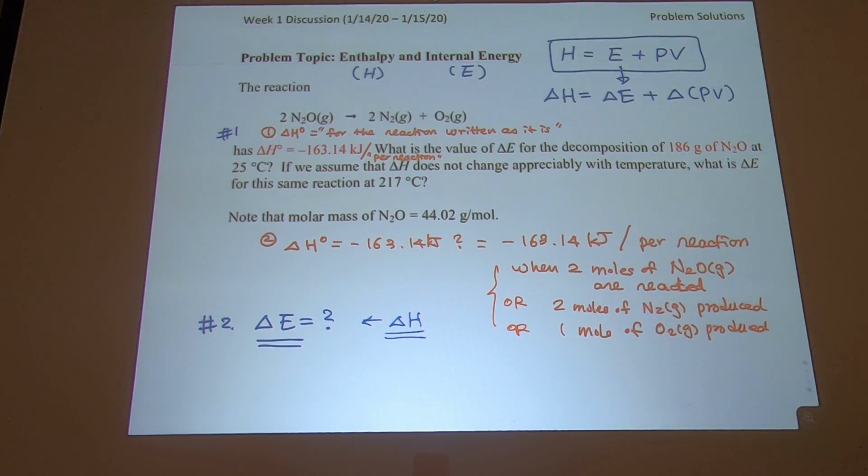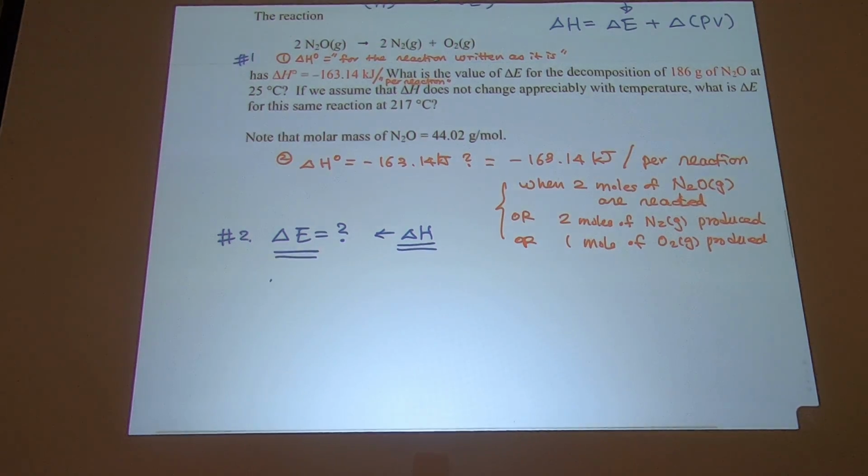That's one way to do it. Another way is, I know PV is nRT based on the ideal gas law. So I can rewrite this equation to H equals E plus PV, which is E plus nRT. I just changed the form of the relationship from PV.